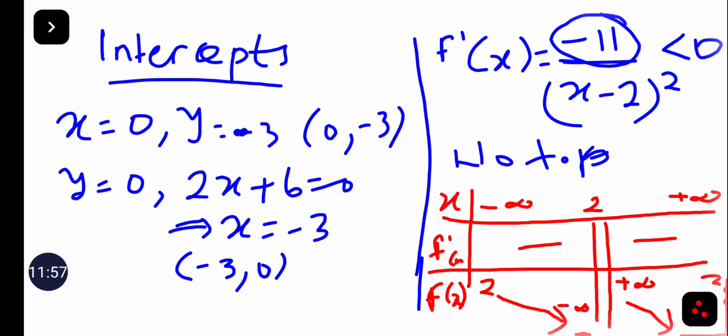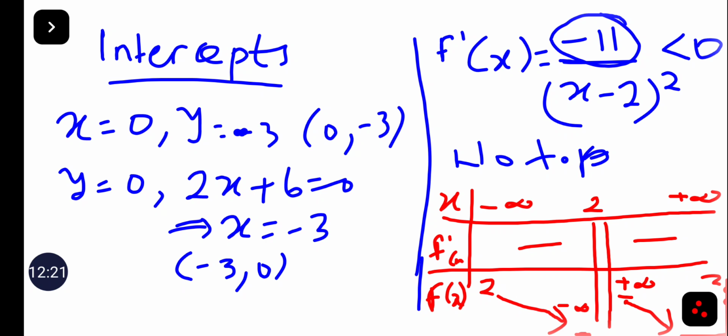It goes below to the negative y-axis. Now after 2, this is how we interpret it: we have positive infinity, which means f of x is up on the positive y-axis. So it will leave the positive y-axis and approach 2. That's how the shape of the curve will look.